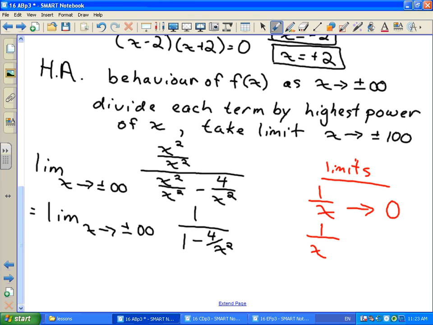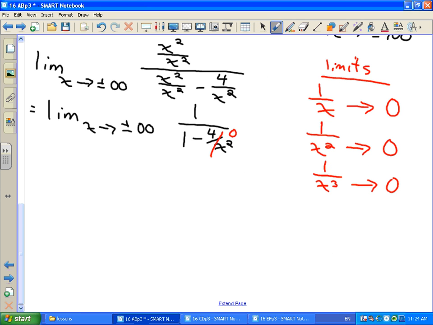Same thing with a term like 1 over x squared or 1 over x cubed. So anywhere I see a number over x squared, I can replace it with 0. As I evaluate this limit, I'm left with just 1 over 1, or just 1. So my horizontal asymptote is y equals 1.